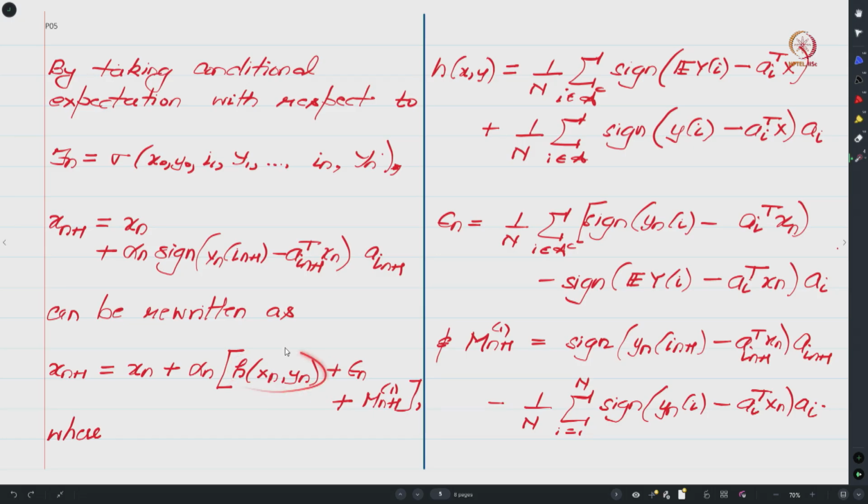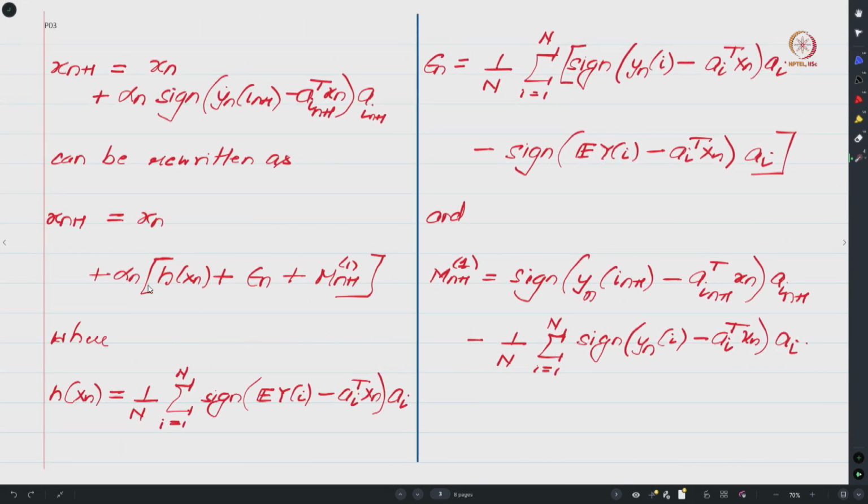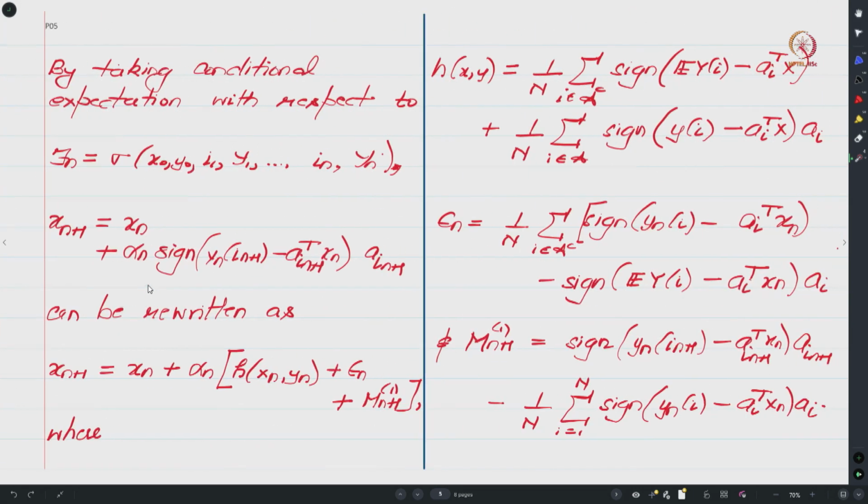So here observe that here we had h of xn, in the non-adversarial case. Now I am presuming that this little h, which actually has two quantities as input, one is xn and the other is yn, right. And what is this function?